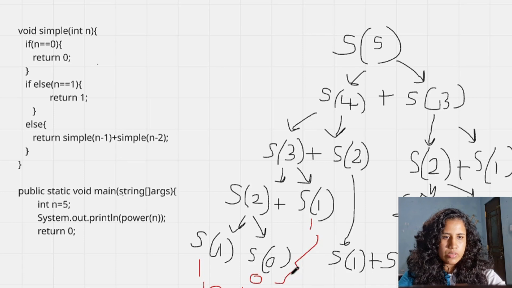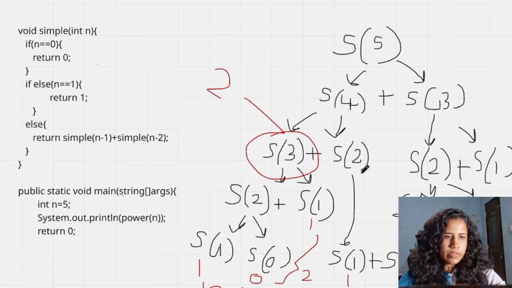So S2 means 1, S1 means 1, so S3 means 2. So S4 plus S3 means it will give us S5 means 5.